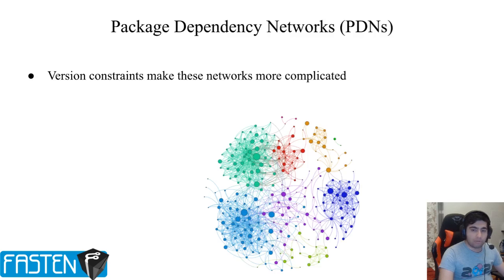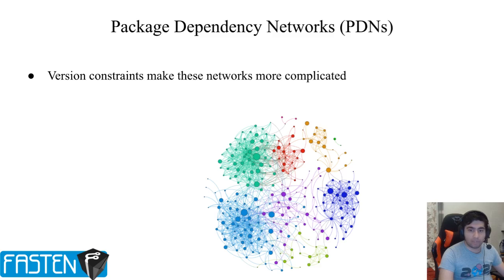There are thousands or even millions of software packages in a software ecosystem, such as PyPI or Maven. These create a huge network, which is called a package dependency network, or PDN for short. Such a network often has complications like version constraints, which make it even more complicated.